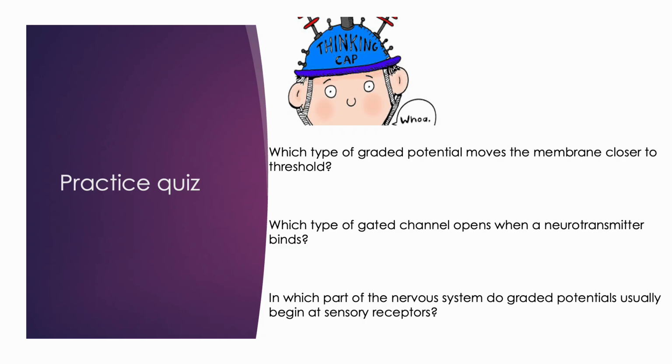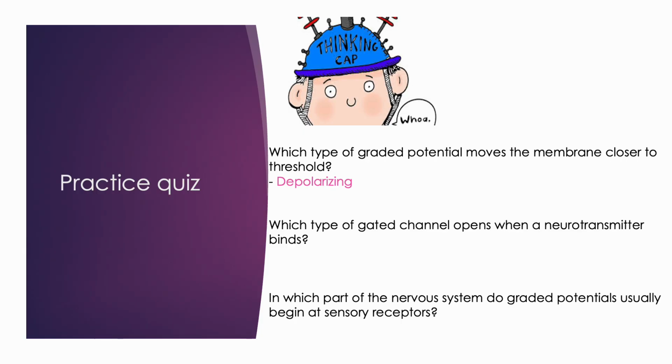Here we have a practice quiz, completely optional, of course. You can always test how much you understood and where you are with the information. One of the first questions I thought would be a good question is, which type of graded potential moves the membrane closer to the threshold? If you guessed depolarizing, you are correct.